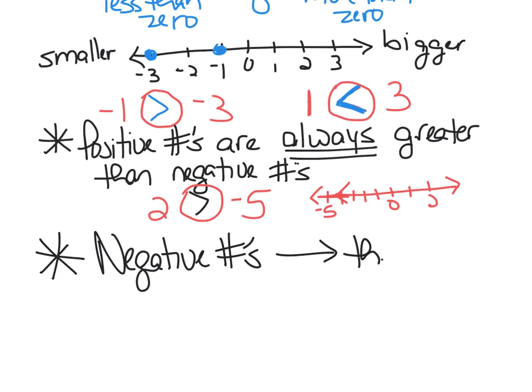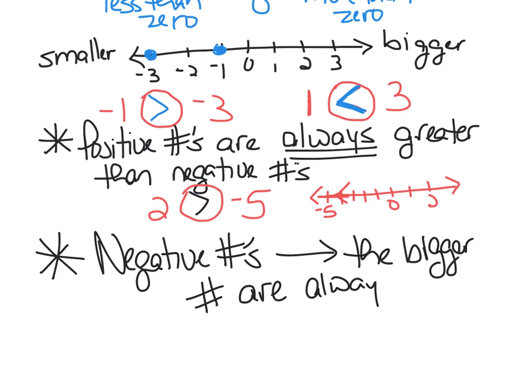The bigger numbers are always on the right, and that's on your number line.